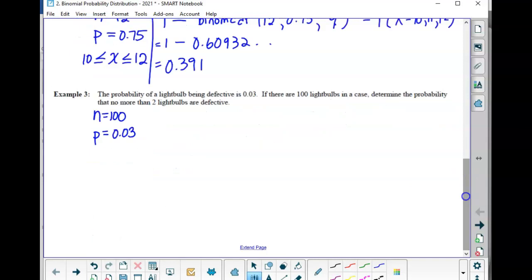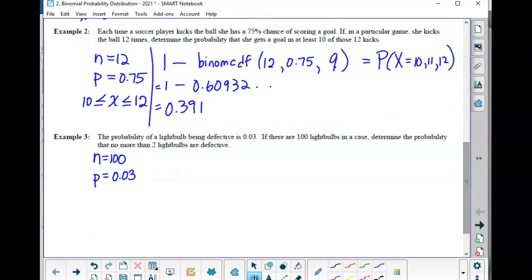So our x's here are between 0 and 2. This is a cumulative, but it's starting at 0, so we don't have to do any 1 minus on this one. If you want to write this out, that's probably good form: 0, 1, 2.